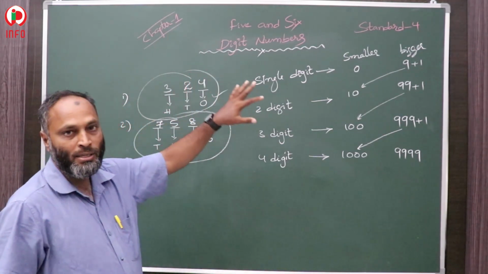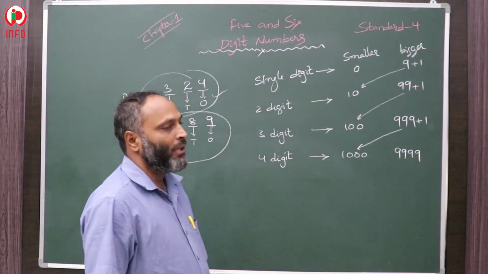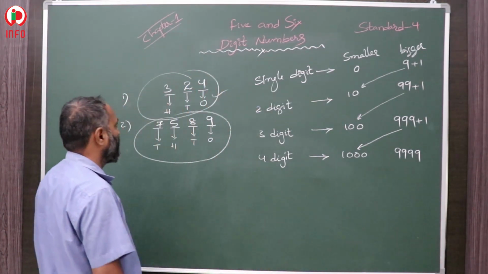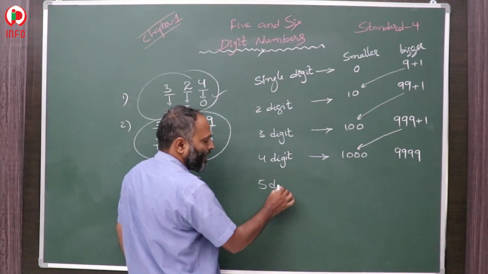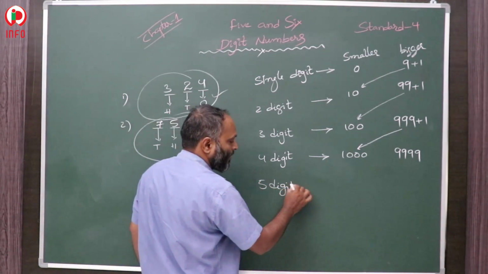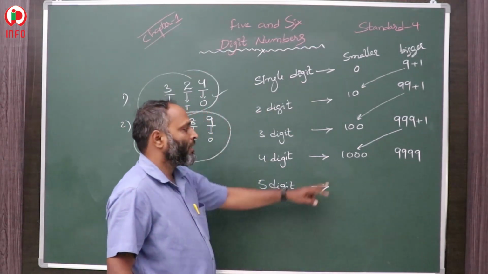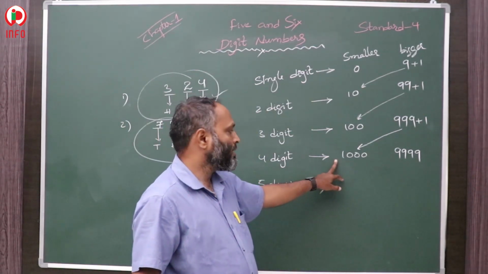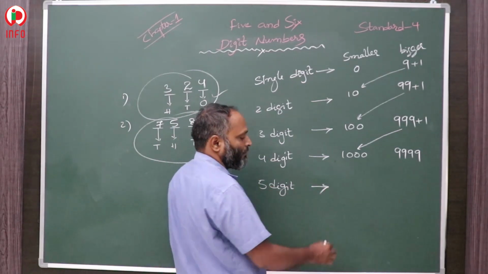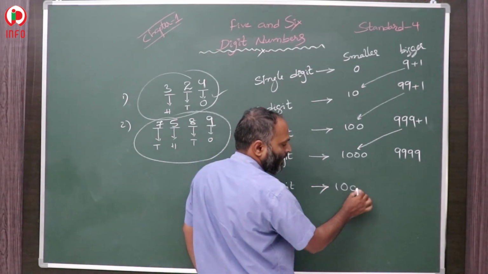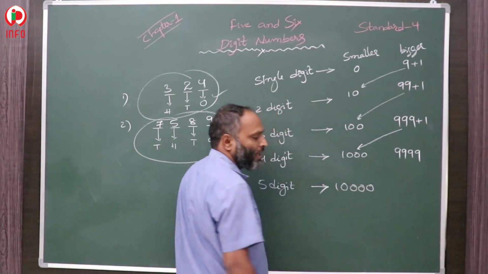In the same way, again we are going to start 5 digit and 6 digit numbers. Then what is the procedure here? See here. First, the 5 digit smaller number. In the same way, 1000 is the 4 digit smaller number, and the 5 digit smaller number we call 10,000.